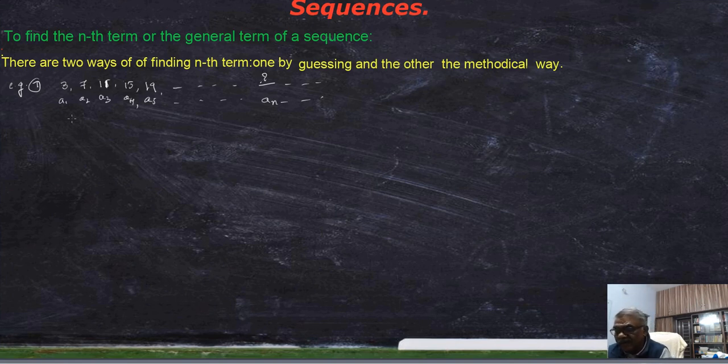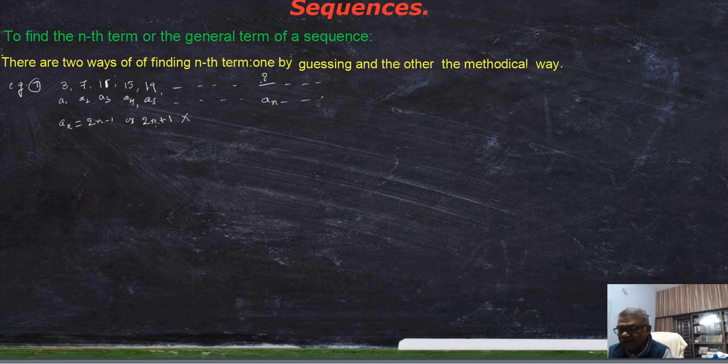Then can you write down an equal to 2n minus 1 or 2n plus 1, because that is an odd number. Each number in the sequence is odd. But these two will not hold in the sequence here, because if you take n is equal to 1, the first term is going to be 1.